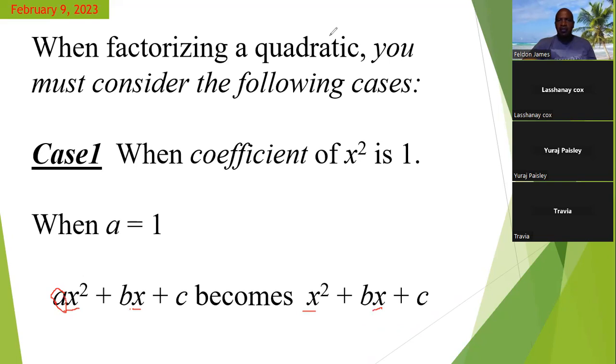When there's no obvious number in front of the x squared, as in this form, then the coefficient would be 1. So that is the case that we are dealing with. We are saying when the coefficient of x squared is 1, meaning when the quadratic is in this form, where there is no obvious number in front of the x squared, then the coefficient is actually 1.